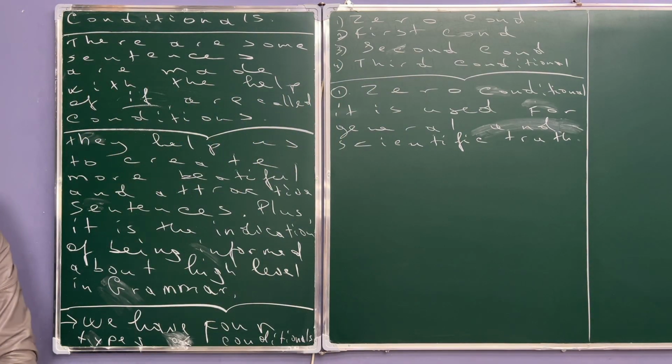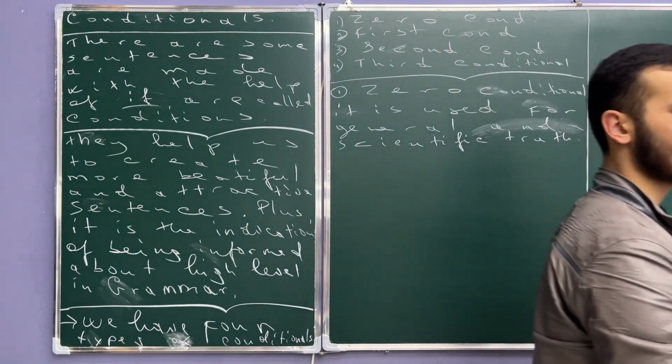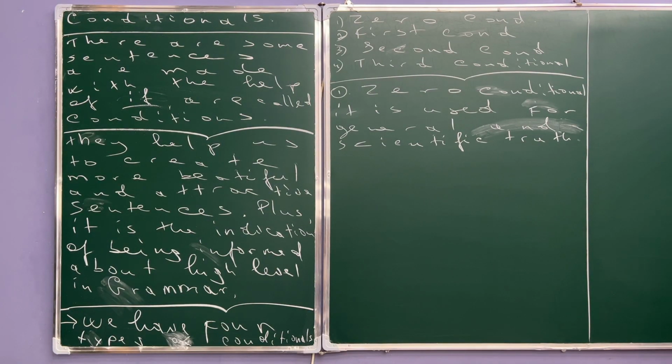You know, general truth. For instance, the sentence that I made above was a clear example of a general truth, because normally people who eat a lot of food become fat, yeah? This is maybe a general truth, or some people may consider this a scientific truth, because many scientists believe in this statement. Or if people don't study, they become sheep, or maybe they become ignorant, yeah? It hasn't been proved scientifically, but many people believe in this idea.